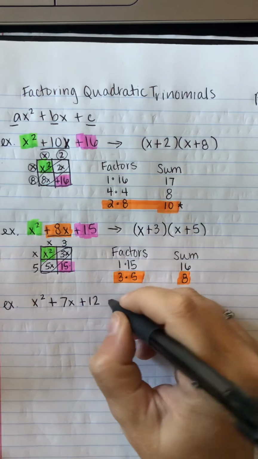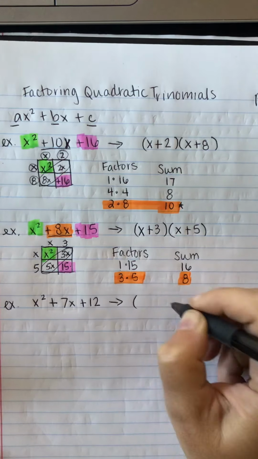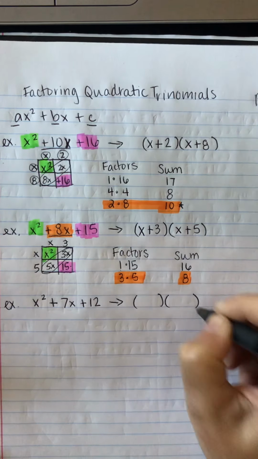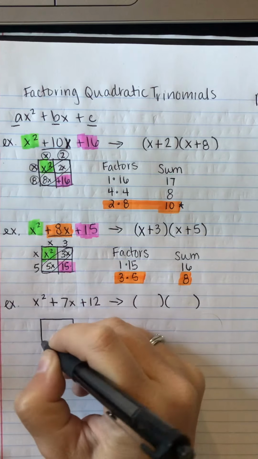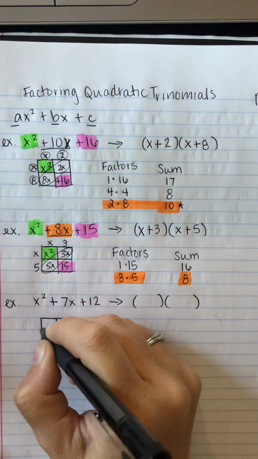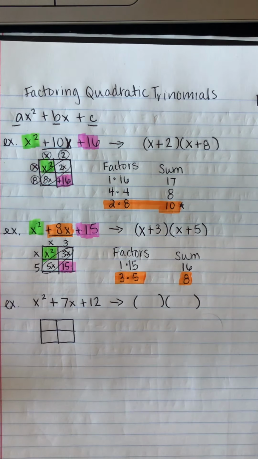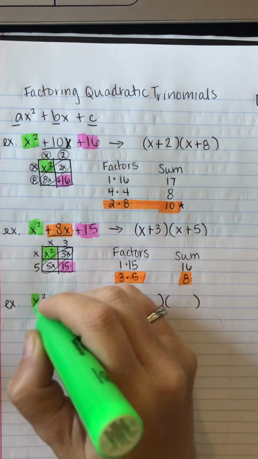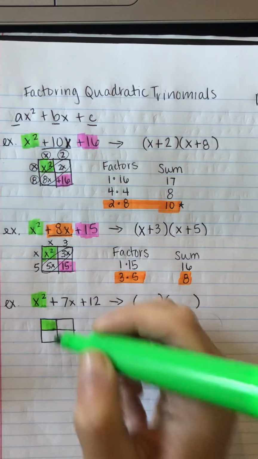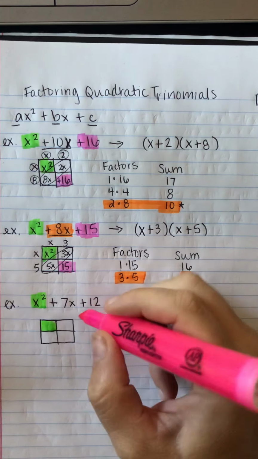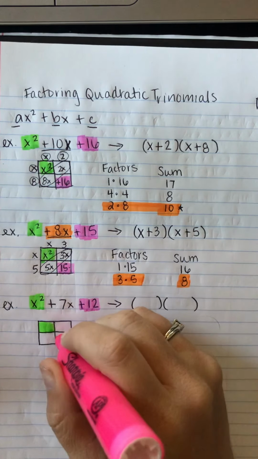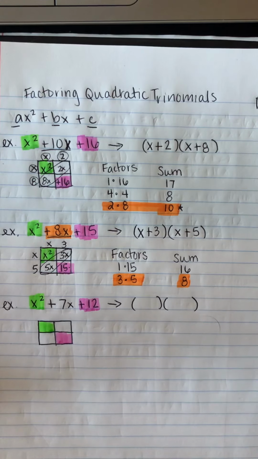All right, again, we want our answer to be in this format where it's a binomial times a binomial. So we're going to do a 2 by 2 box. Our first term is always our lead term, and that goes in our first box. And our last term is always going to be in that last box. So we go ahead and fill those in.